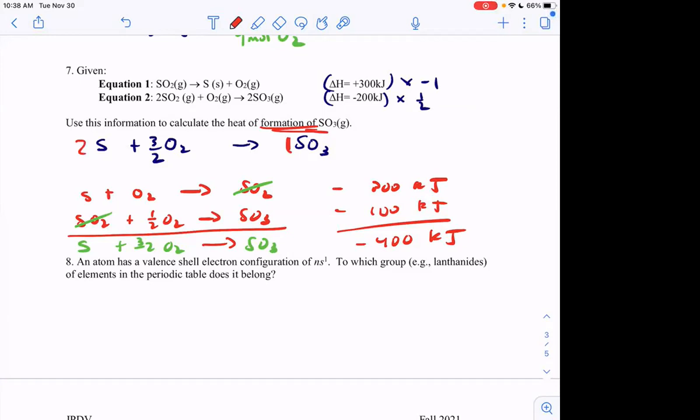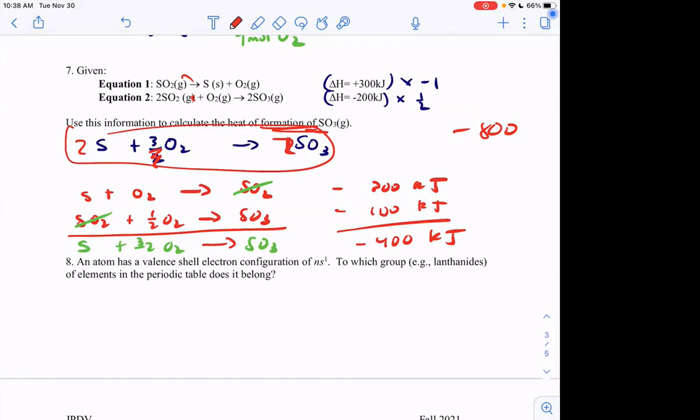If you multiply it all by 2, you'll have 2, 3, and 2. Then you'll manipulate these to get this with whole numbers, realizing in the end you'll wind up with negative 800 as your answer. You'll have to say, okay, that's for the formation of 2 moles, so for 1 mole would be negative 400. That's why I don't do that with whole numbers here, because it's formation.